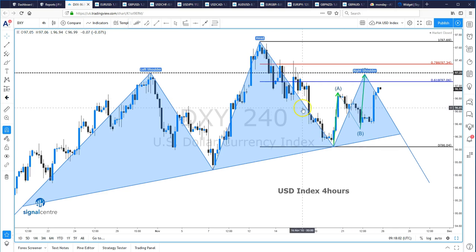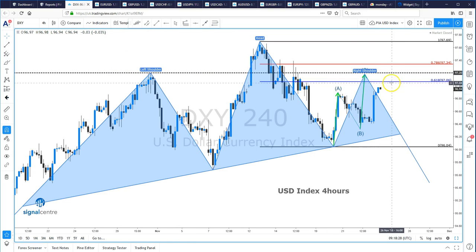So impulse moves to the downside to start with. Remember, we've got that bearish engulfing candle, and then we've got an impulse move higher, corrective, and then quite an impulse move higher. Now, the projected right shoulder is also the same level as an ABCD formation, which comes in around about 97.18, 97.20 is this previous swing high.